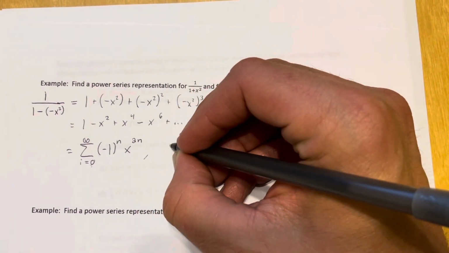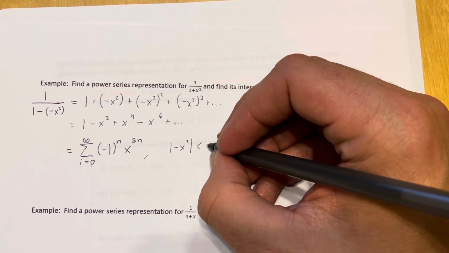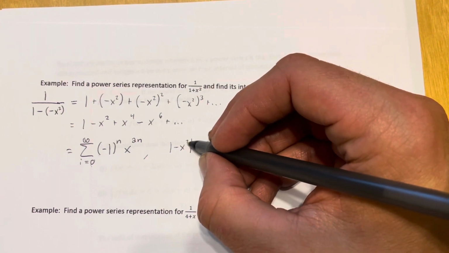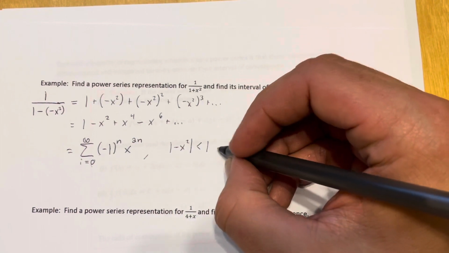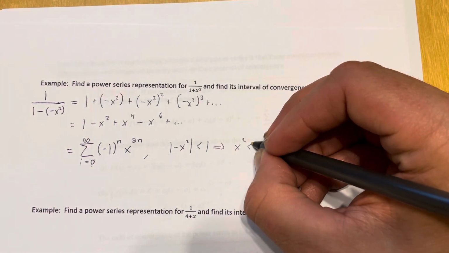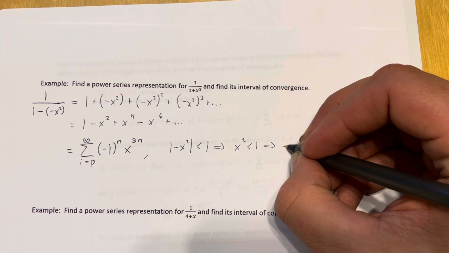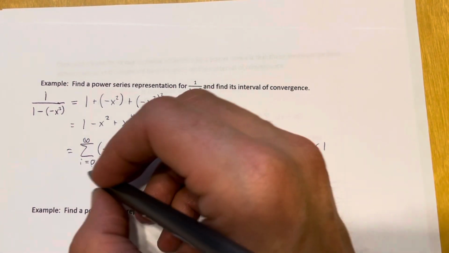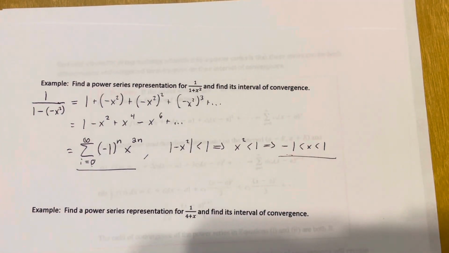So this is true as long as negative x squared has an absolute value less than 1. Okay? But the negative here goes away with that absolute value, and when I square something, it comes out positive anyway. So another way of writing this is just x squared is less than 1. And then this is the same thing as the inequality x is between negative 1 and positive 1. So this is my power series representation. This is my interval of convergence.